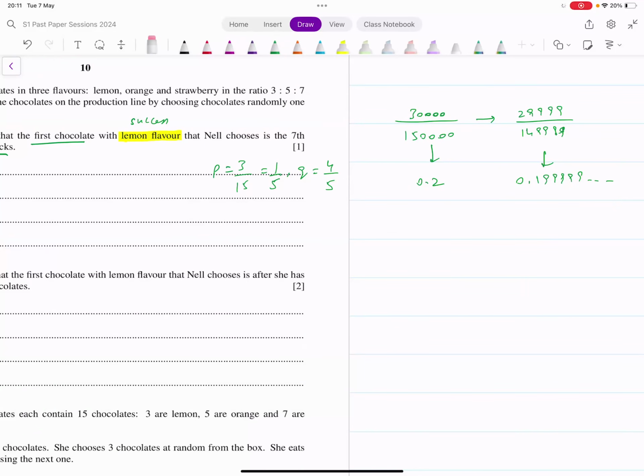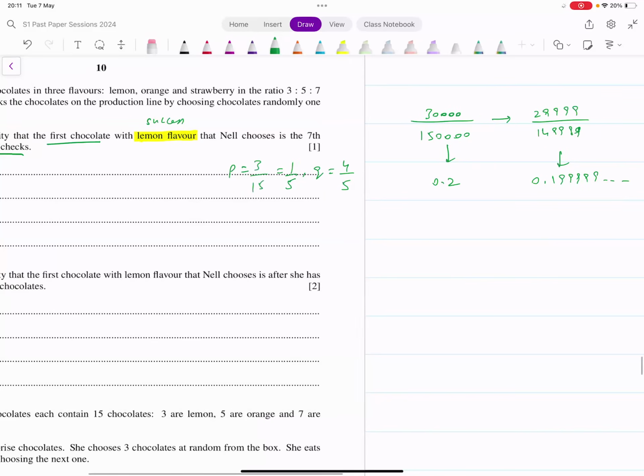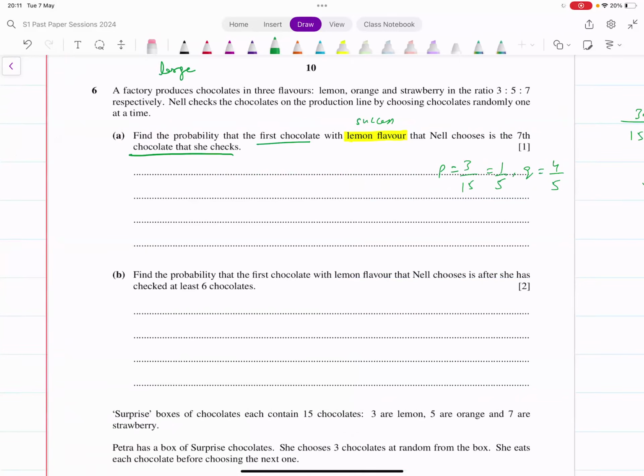Why are we considering that? Because remember, there's a condition for geometric distribution, and the probabilities have to remain constant. So since it's a factory producing a large number of chocolates, we can say the probabilities remain fairly constant, even if you are not replacing the chocolate after taking it out.